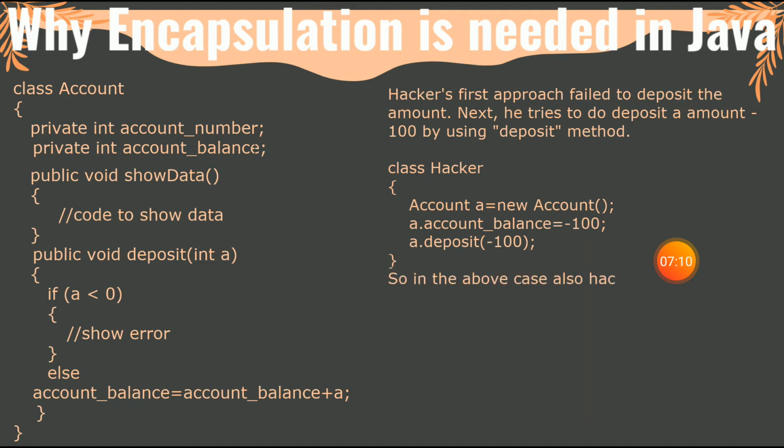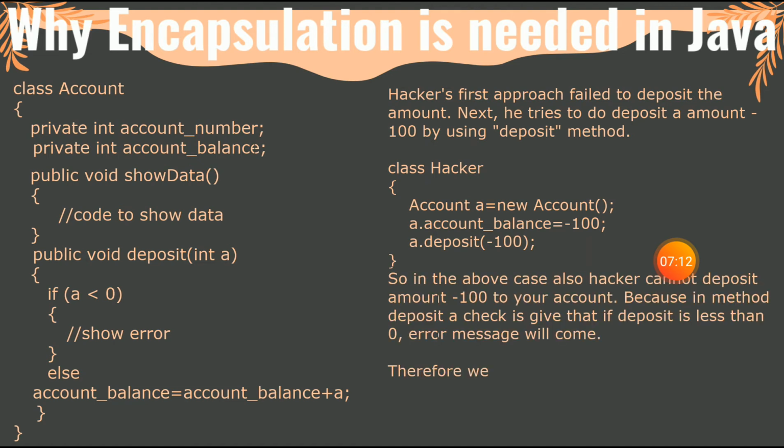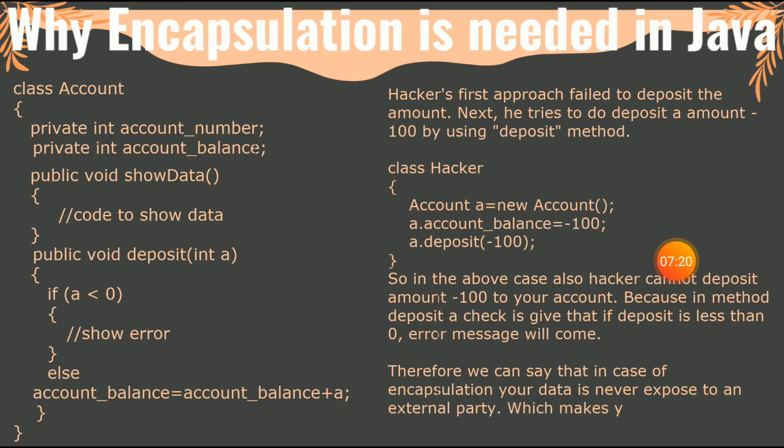So in this case also hackers cannot deposit an amount of minus 100 to your account, because in the deposit method a check is given, meaning a condition is given where we are supposed to use only values greater than 0, but the hacker is using minus 100.